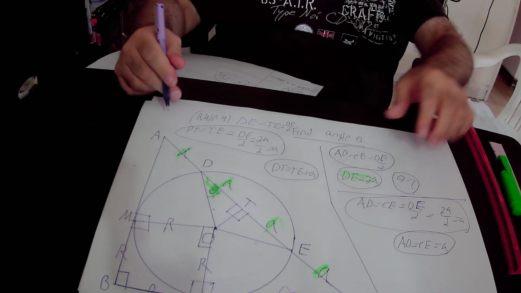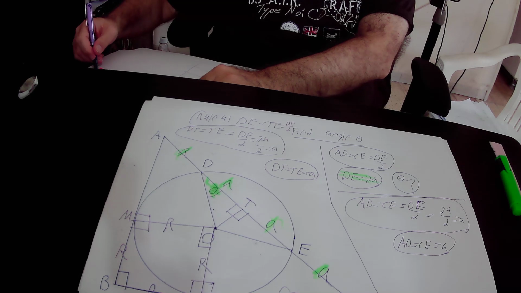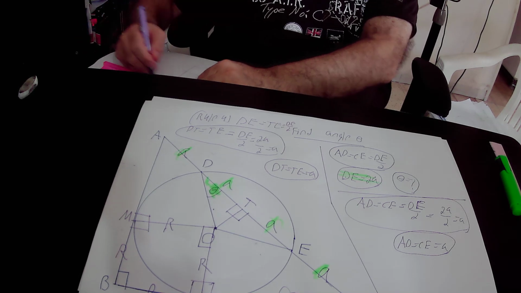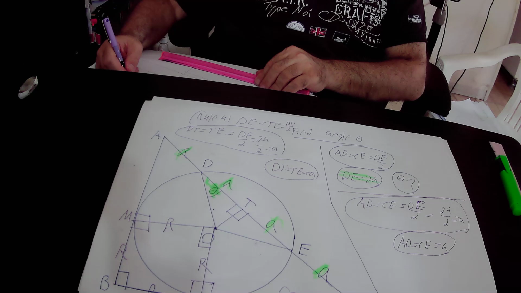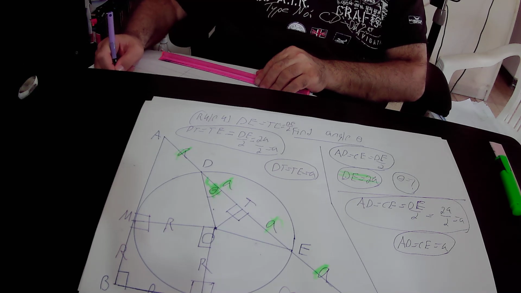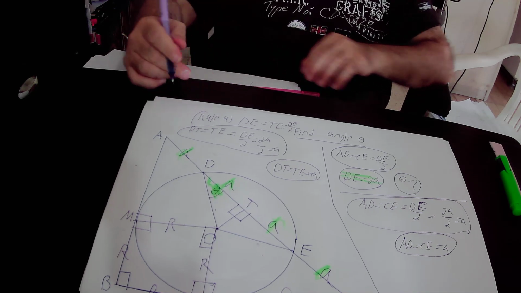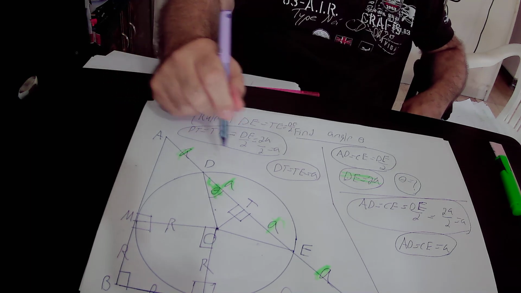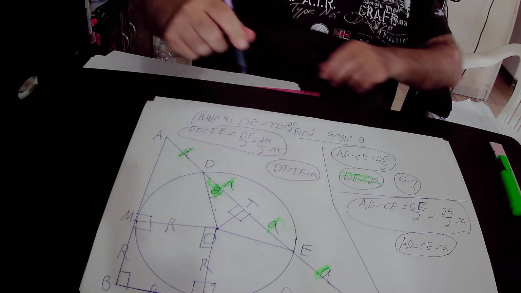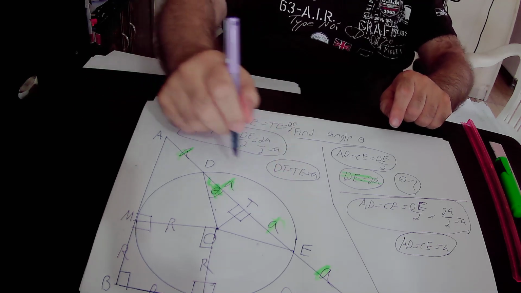Likewise, we'll focus on the external point A. From the external point A, we have tangent AM to the circle, and also from point A, we have the straight line that intersects this circle at points D and E. Therefore, according to rule number 10, we get that AM squared equals AD times AE.